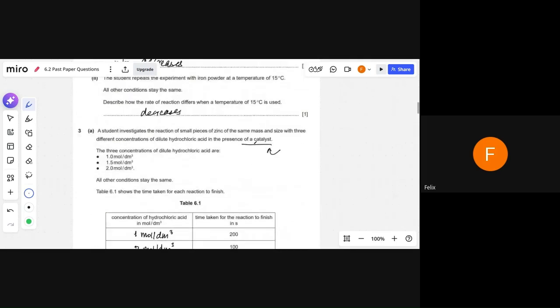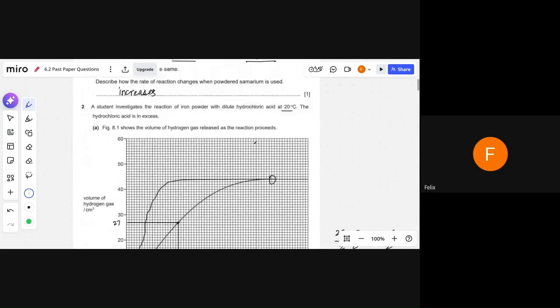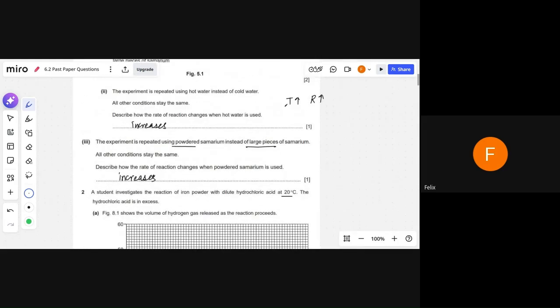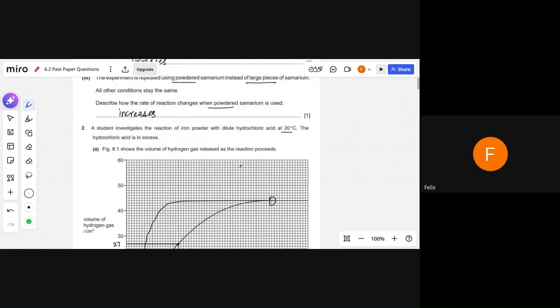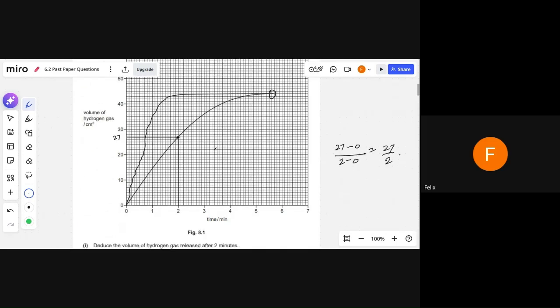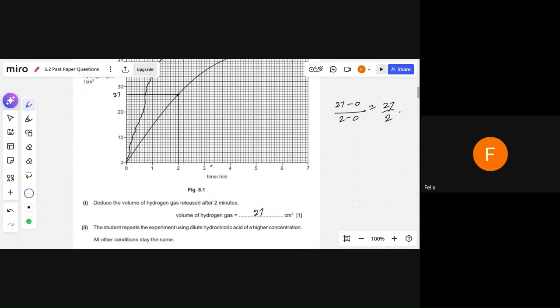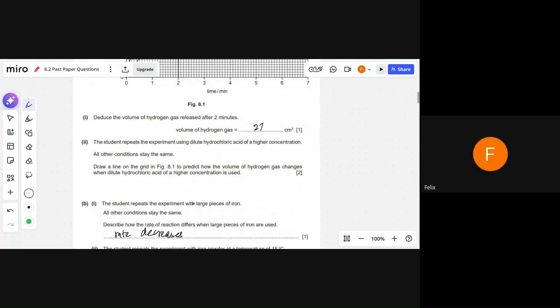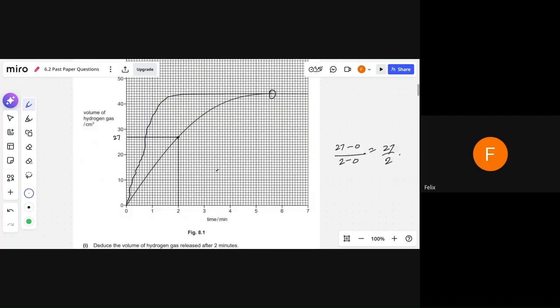So to summarize the questions that we have attempted, they were asking us the relationship between temperature change and rate of reaction, powdered, so surface area and the rate of reaction, and here concentration and rate of reaction. So when concentration is increased, the rate increases, right?